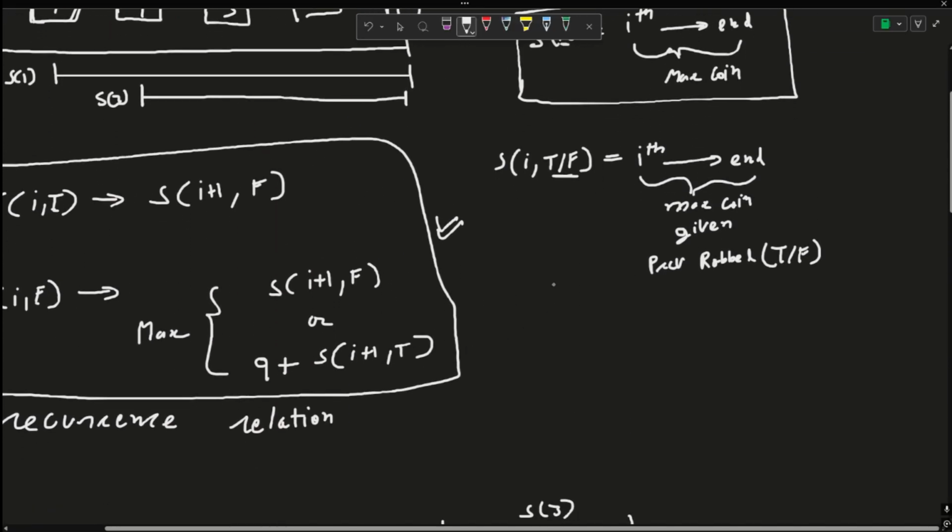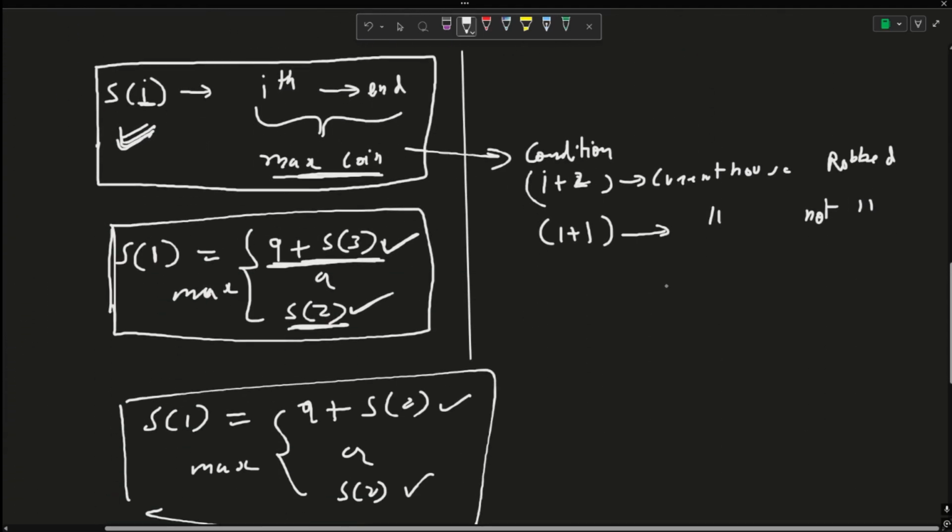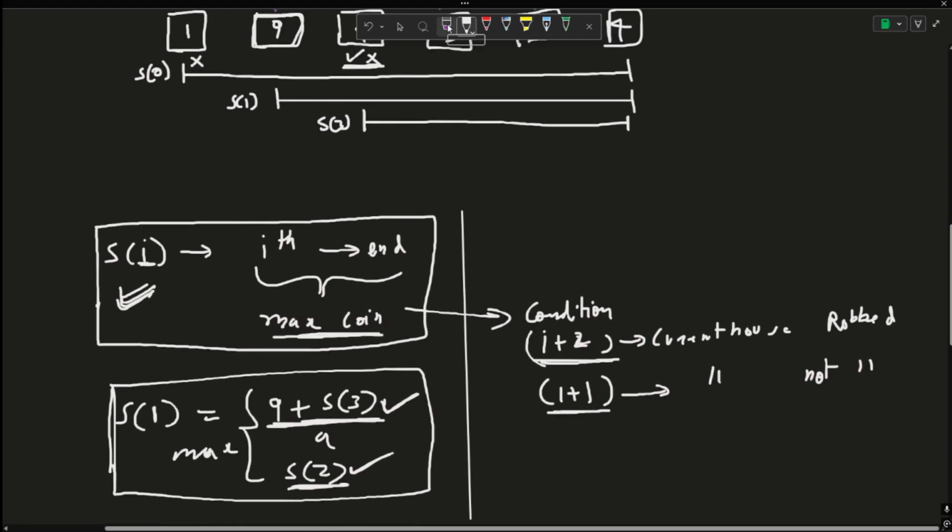Here our condition was true and false, given that the previous house was robbed or not. We had this information, but this time we are sending this information inside I by manipulating it by plus 1 or plus 2. Okay, I hope that makes sense.